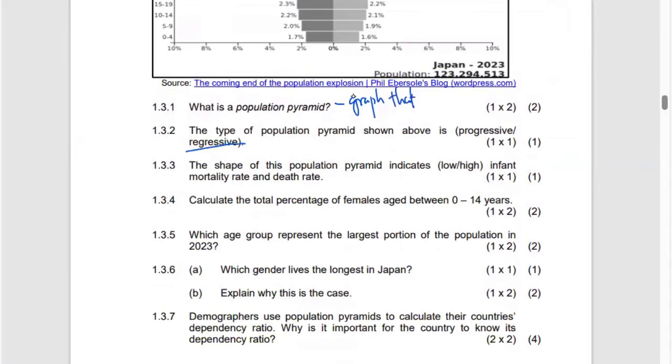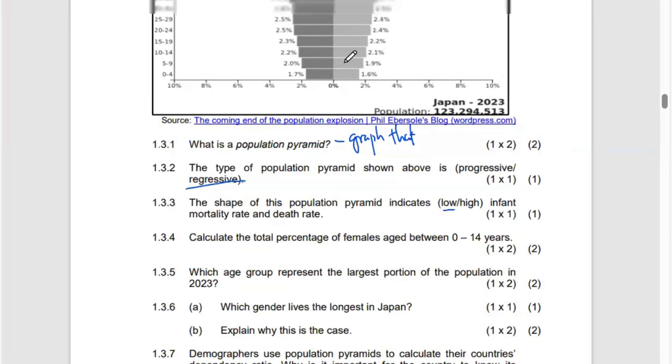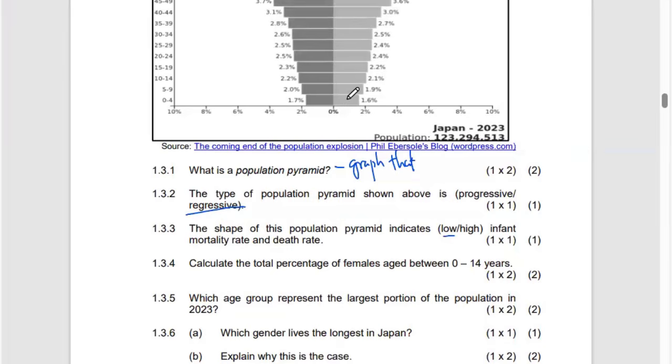The shape of this population pyramid indicates, is it a high or low infant mortality rate and death rate? Is it high or low? It's actually, in that instance, a low infant mortality rate. Why do we have a low infant mortality? If you check the age groups of 0 to 4, there are just a few, but the graph increases as we go upwards.